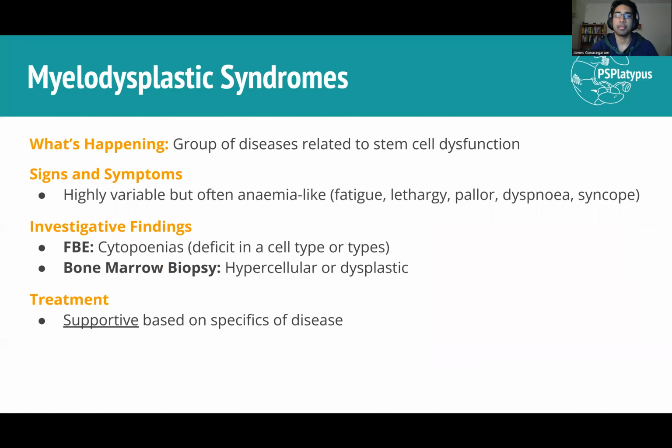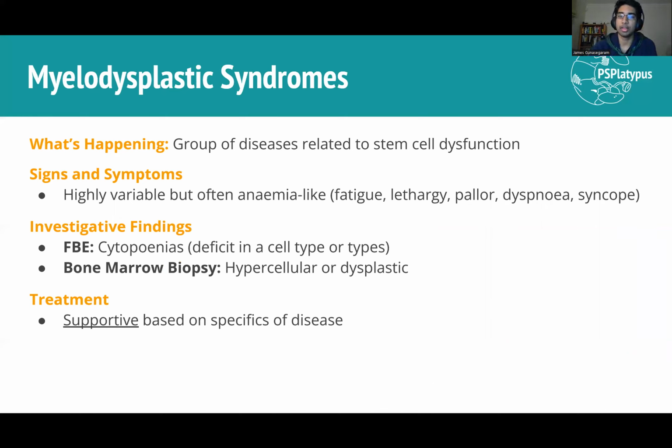Okay. Now, myelodysplastic syndromes, it's sort of a weird one. It's not one disease. It's a collection of diseases. So there's a bunch of different diseases. They're all vaguely related because they are basically problems with stem cells. But the actual specifics of the disease are going to affect what symptoms you get and what treatment you use.